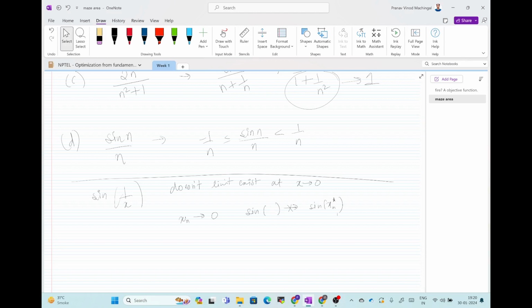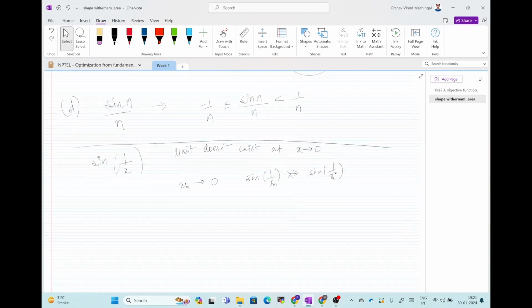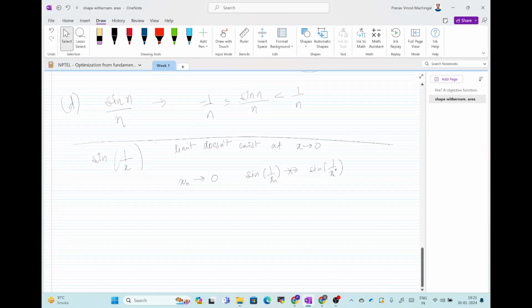So what you can show is there are subsequences with different limits.